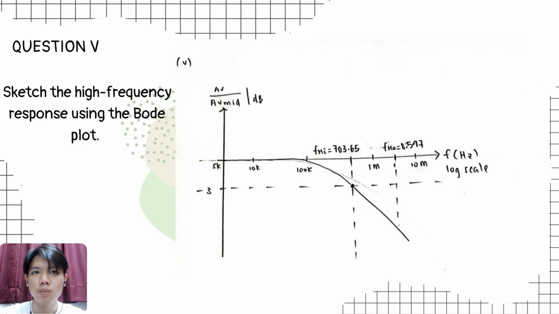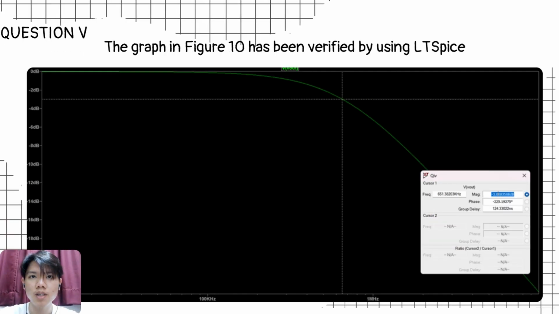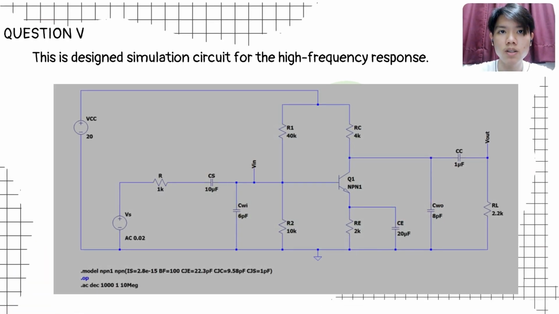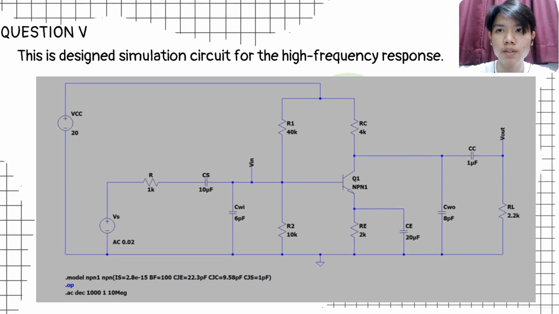After we connect all the points, we obtain a graph with a decreasing slope as shown in the slide. The simulation result from LTSpice also displays a graph shape similar to what we have drawn manually, which verifies the graph shape we have drawn. Next, this is the simulation circuit that we designed for the high frequency response.